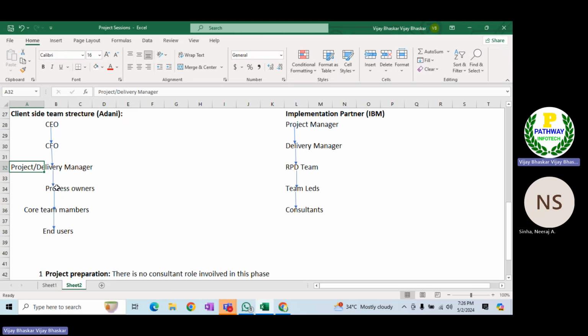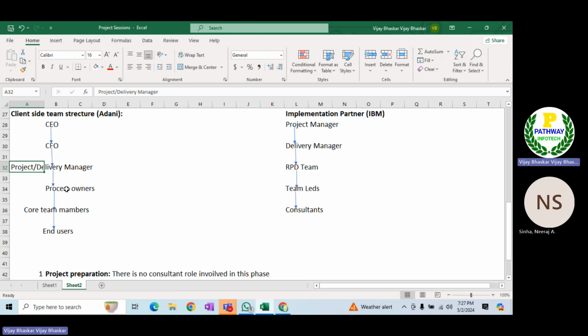Process owners. When I say process owners, they are the managers responsible for that particular business process, and they are the decision makers of that process. Let's say there is a sales process. In sales and distribution, a new customer would like to do business with us, and the customer is requesting a credit limit of 10 lakh rupees.